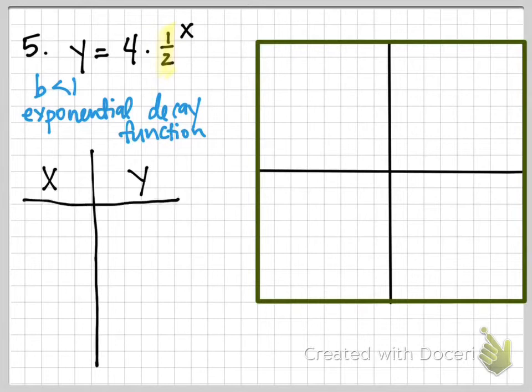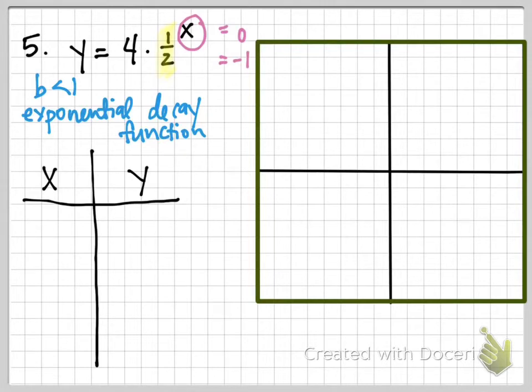Now when you're choosing x values, my best advice that I can give you is you want to plug in for this. You want your x to equal 0, and you want your x to equal a -1.